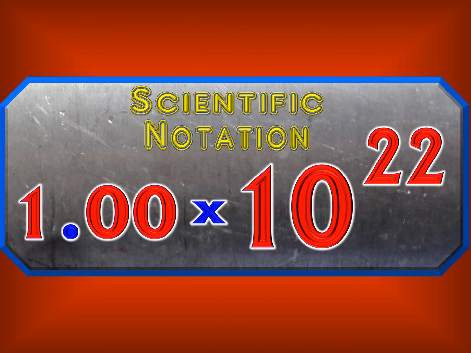So if we knew that number more accurately, then we might write it 1.00 times 10 to the 22nd. That is the same value. It's just implying that we would know the number a little better here. The reason I'm putting it in that form is that's the standard form in scientific notation. So let's say you're in doubt about how many numbers to keep after your decimal.